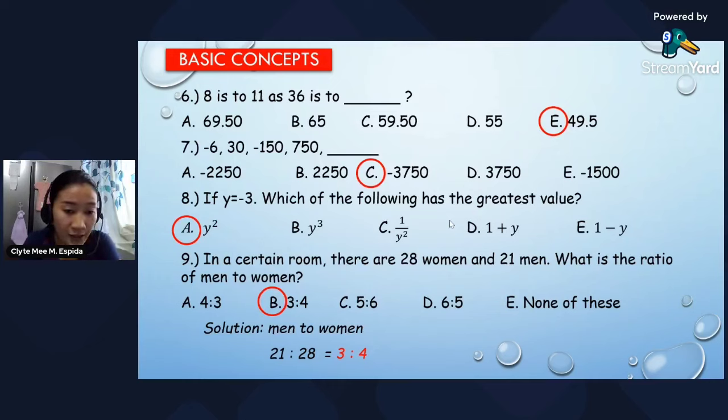So the correct answer is 3 is to 4. Caught by men to women, ma'am? Yes. So let us be very careful. It's a pity because you were caught by the question. At least you realized it, and when you take the exam, you will be very careful. Congratulations. Okay, let's have number 10.